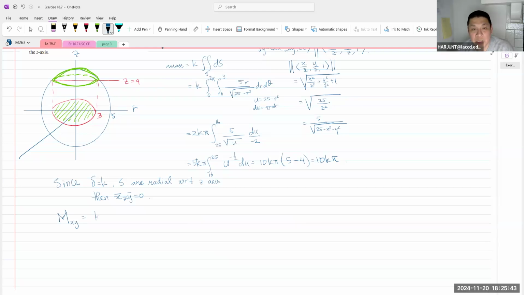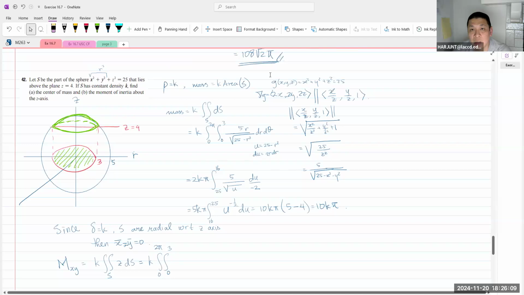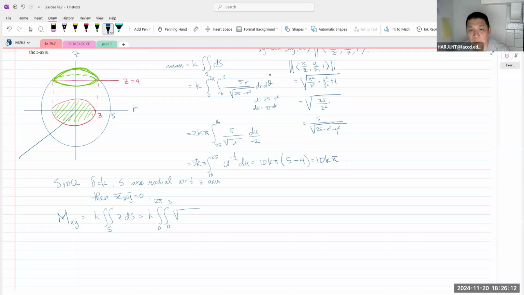We will do the same integration, but we insert z. The z is the square root of 25 minus r squared, while the dS, as we saw earlier, is 5r over the square root of 25 minus r squared dr d theta, right?